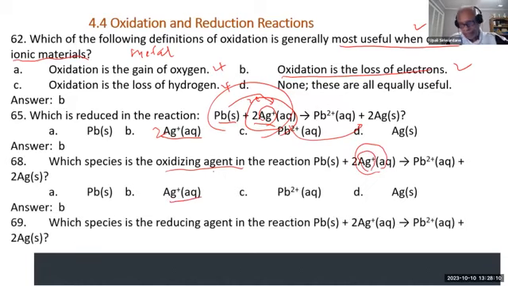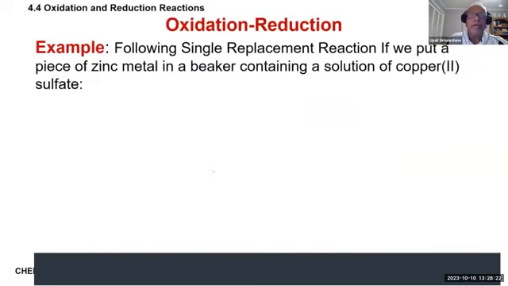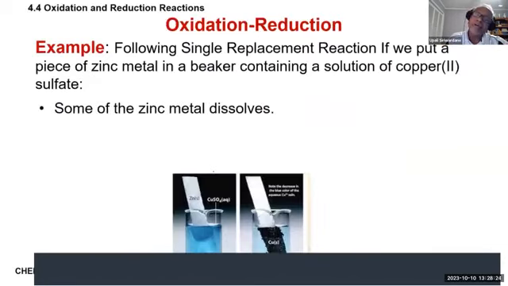So, opposite of oxidation, we call it reducing agent. Reduced species are called oxidizing agent. Now, I gave you an example of reduction oxidation.